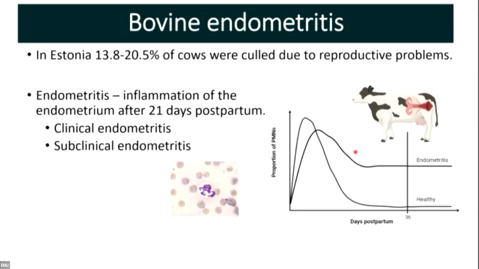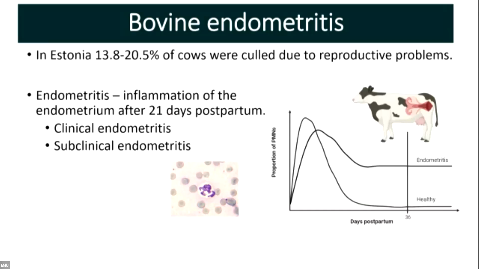However, we all agree that clinical endometritis presents visible signs such as mucopurulent pus discharge from the vagina, while subclinical endometritis doesn't have any apparent symptoms. However, they do have polymorphonuclear neutrophils in the uterus, which you can see in the picture. And therefore, diagnosis of the subclinical form of endometritis in farm settings is relatively difficult.